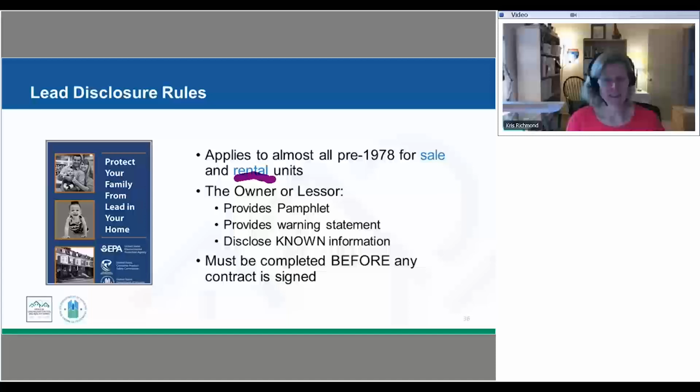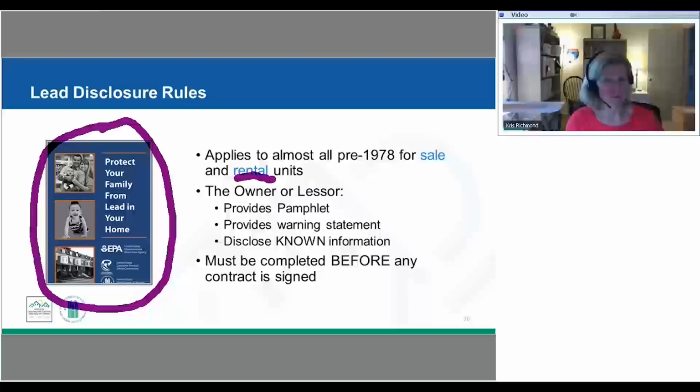And like I said, we're dealing with rental units. And the PHA is going to be providing the pamphlet. This is the pamphlet, Protect Your Family from Lead in Your Home. It's blue. It does come in multiple languages, so you can check on HUD.gov/lead to get it. You can look on the EPA website. It is available in multiple languages if you need to have it that way.